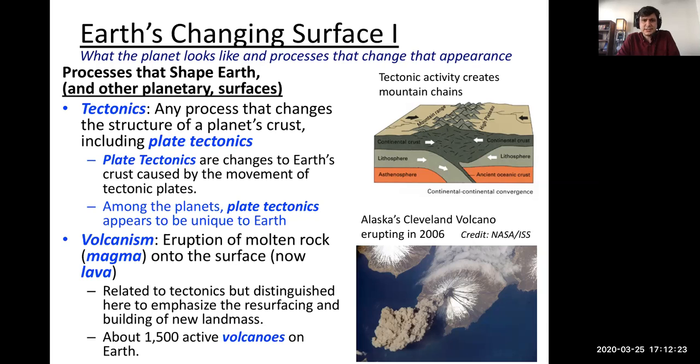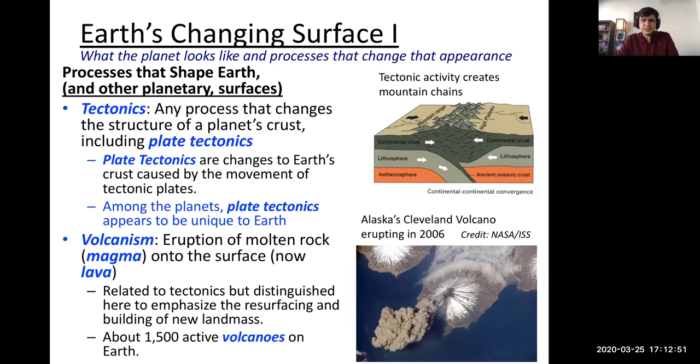And plate tectonics is going to be a major topic, so I'm going to hold off giving you more details right now. But I do want to highlight that right now, as far as we can tell, plate tectonics appears to be unique to Earth. At least amongst the planets, there is an argument that you can make that looks like there might be some plate tectonics on Europa and Enceladus, icy moons of Jupiter and Saturn.